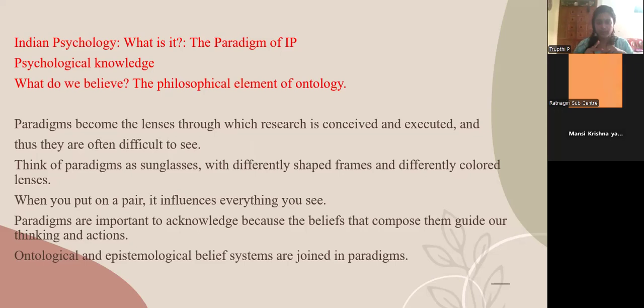Now, as you can see, I have written that paradigms become the lenses through which we see, and thus they often become difficult to see, right? So it can be a catalyst which helps you view the whole thing, but is not quite visible to you. It's just an instrument through which the whole thing is done. But then again, it's very important, because that is the very bottom line for it, right?